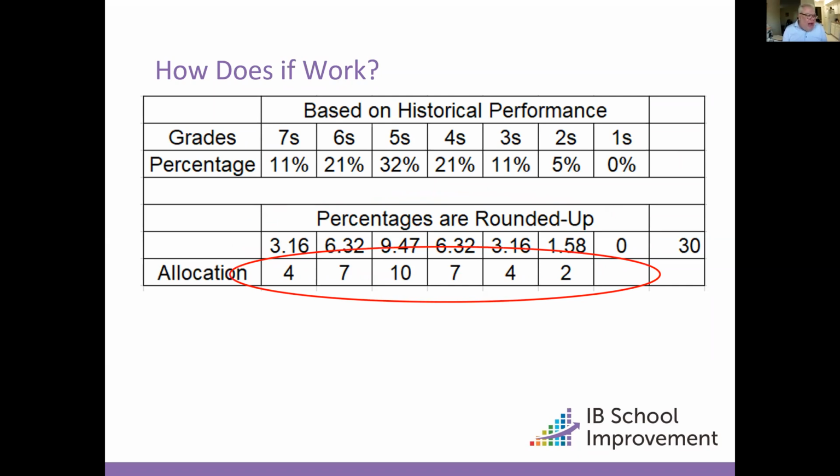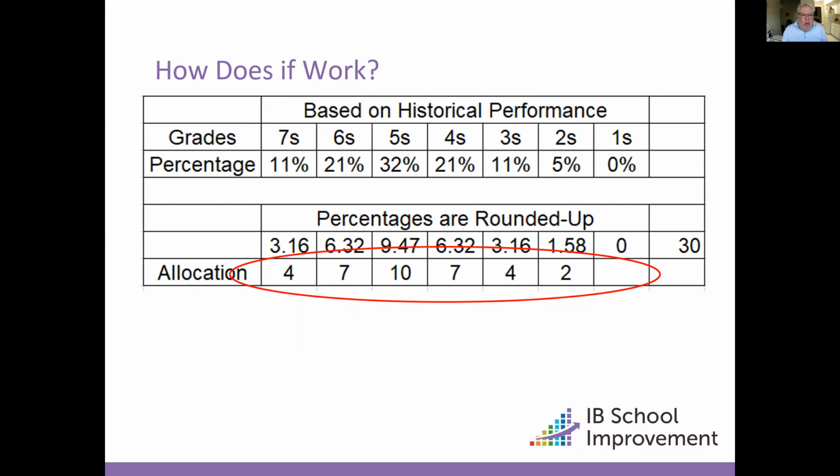So no matter what happens, you will see the numbers rounded up. So in this case, the allocation for this subject for 7s would be you'd be allocated 4 7s. Your allocation for 6s will be 7.